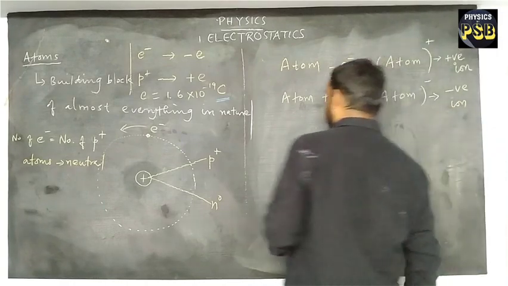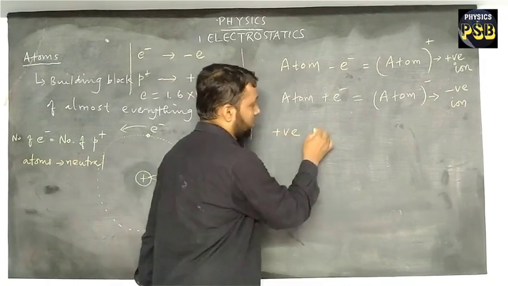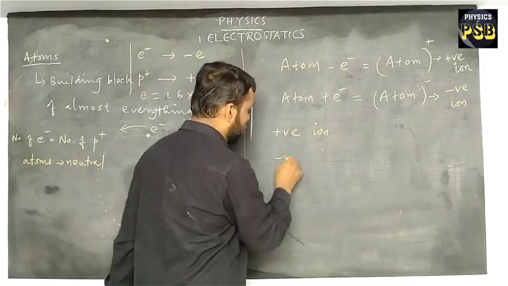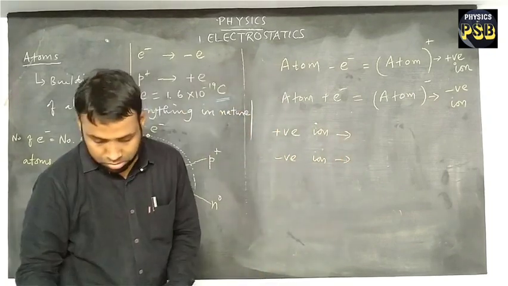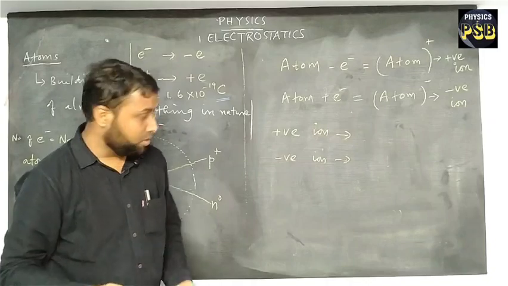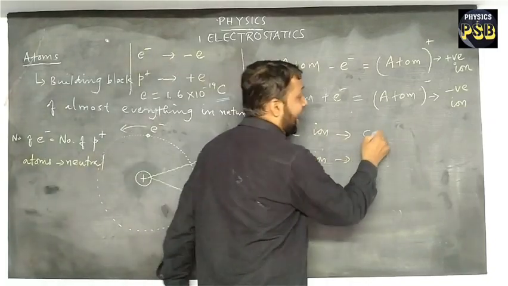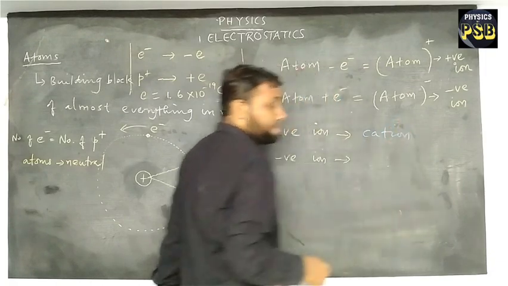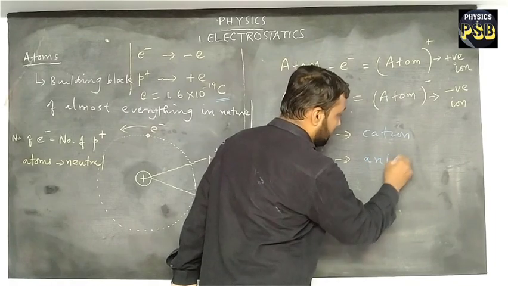There is an alternate name given to positive ion and negative ion. Positive ion is called cation and negative ion is called anion.